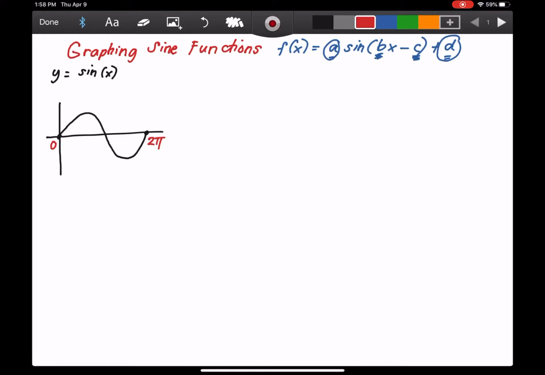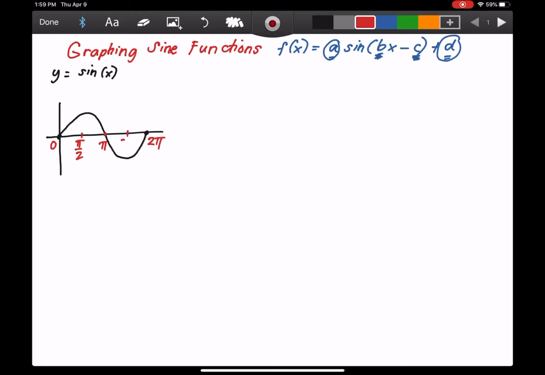And we know that this point right here is pi because that's the midpoint between 0 and 2 pi. This is the midpoint between 0 and pi, and that's pi over 2, correct? And this one is the midpoint between pi and 2 pi, so that's 3 pi over 2.